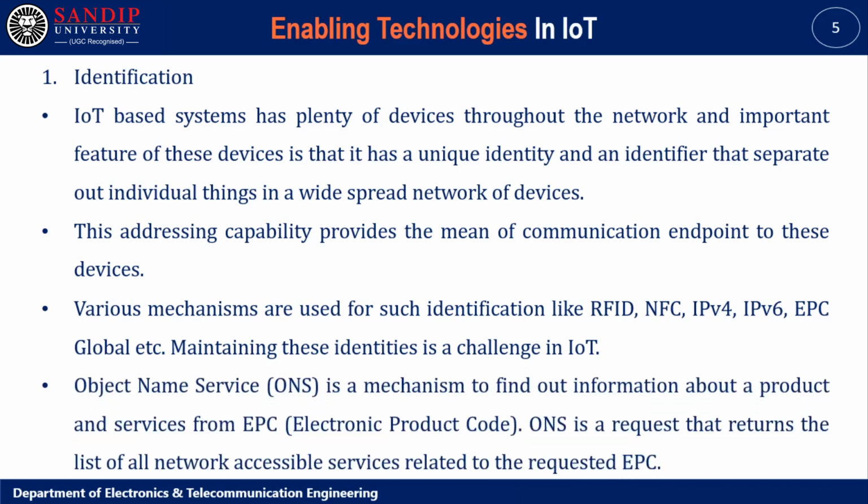Object Name Service, that is ONS, is a mechanism to find out information about a product and services from EPC, that is Electronic Product Code. ONS is a request that returns the list of all network accessible services related to the requested EPC.